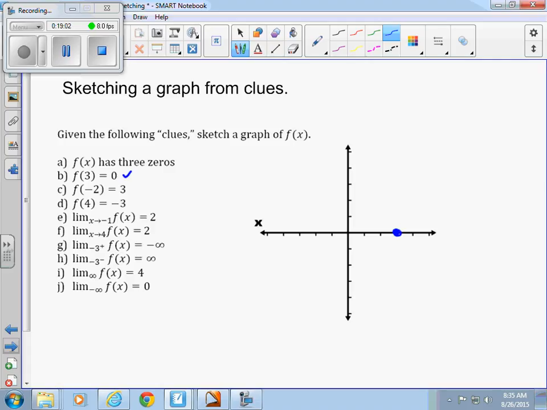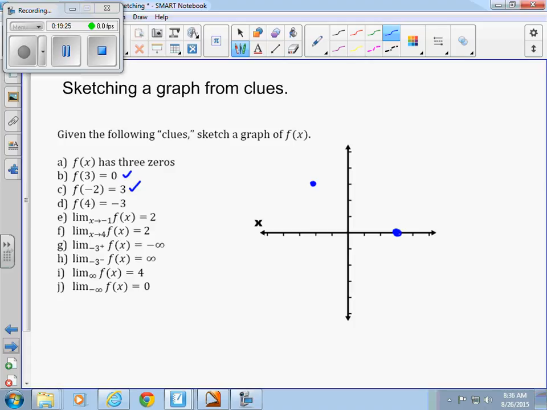What does f of negative 2 equaling 3 mean? So these are point plotting, aren't they, so far? How do you think I'm going to grade this if it shows up on a test? Hard. I'm going to go through and just make sure you did every piece, right?